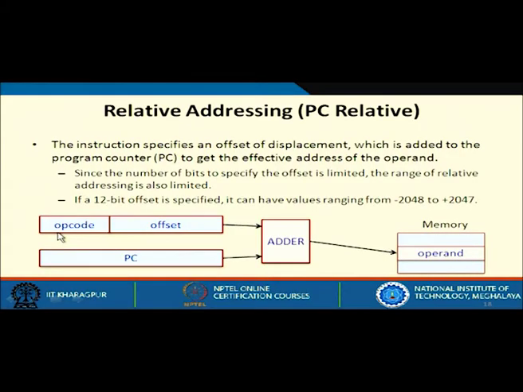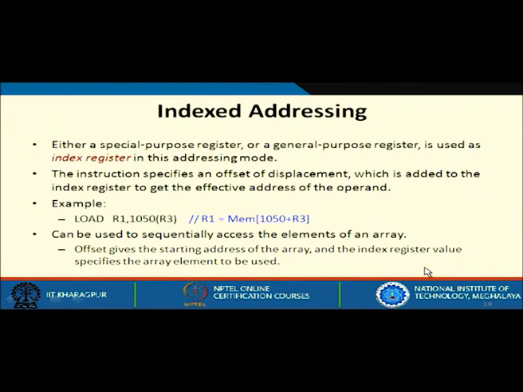In such cases, we require relative addressing modes. So, here you have an opcode and this is the offset. The offset is added with the content of the PC, and that is where you go to fetch the operand. Your operand resides at the sum of these two contents, you fetch it, and you get the operand.